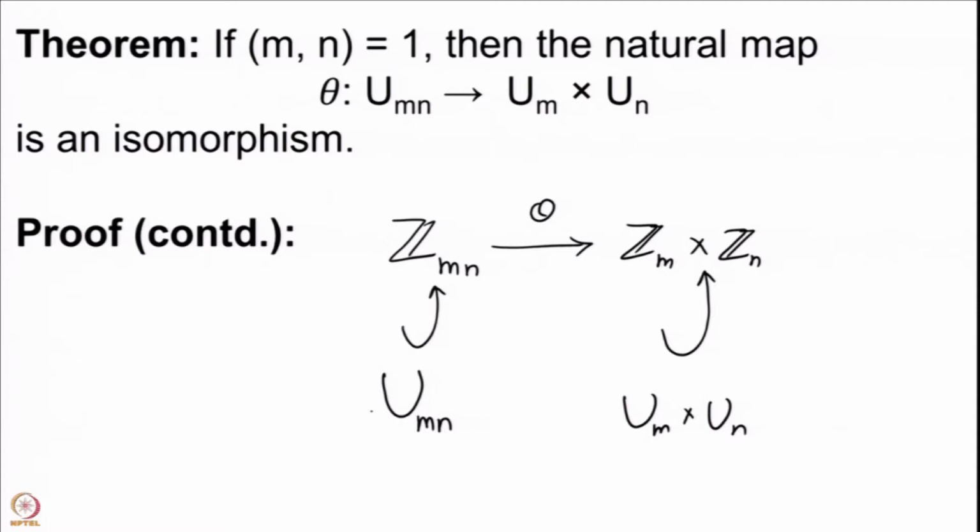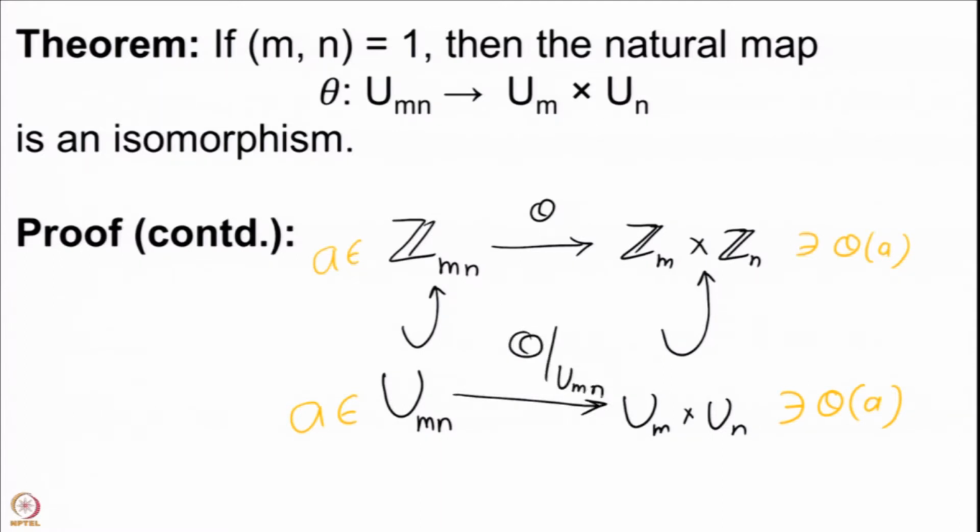We observe that if you take an element a in U_mn, then you will look at a in Z_mn. So, theta(a) is an element in the right hand side Z_m cross Z_n, but since a is invertible, theta(a) is also invertible. So, it is in the product of the invertible elements in the corresponding rings, and therefore, we have defined the map theta having restricted theta to U_mn.